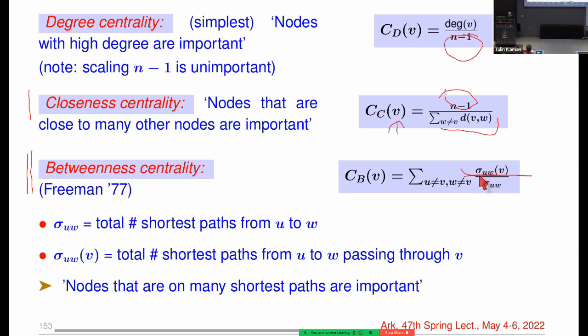So it's just counting the number of paths from U to W that go through V, divided by those from U to W regardless of whether they pass through V or not. And you add these up.